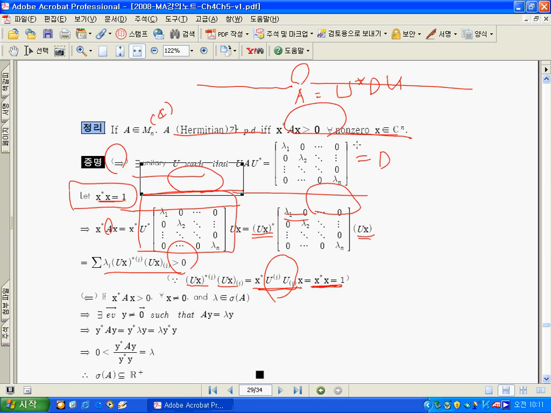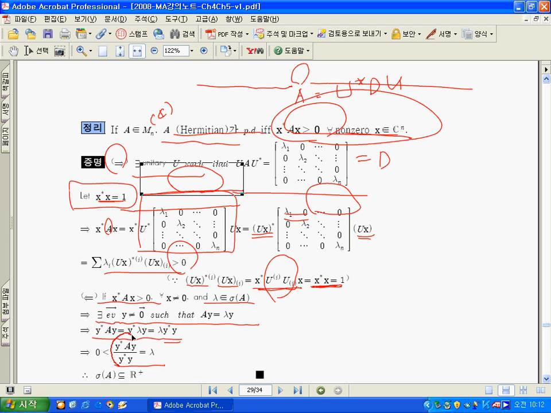Done. Next, suppose this is true, and we show all eigenvalues of A are positive. X star AX is positive, and say lambda is an eigenvalue of A. Then there exists an eigenvector Y of A corresponding to lambda. Multiply Y star on both sides, and divide by Y star Y, like this.